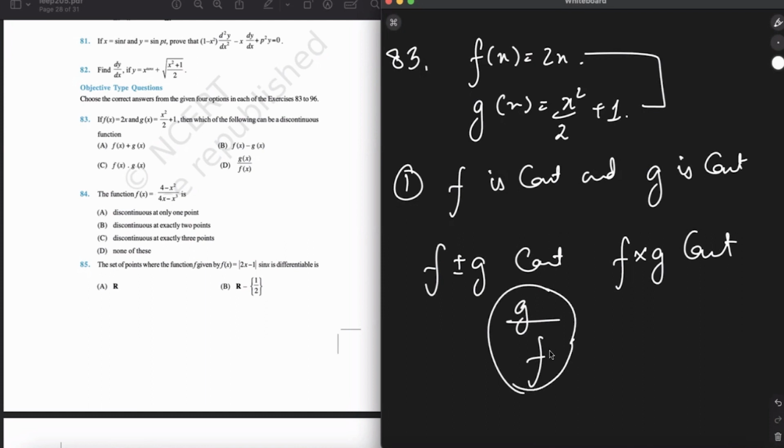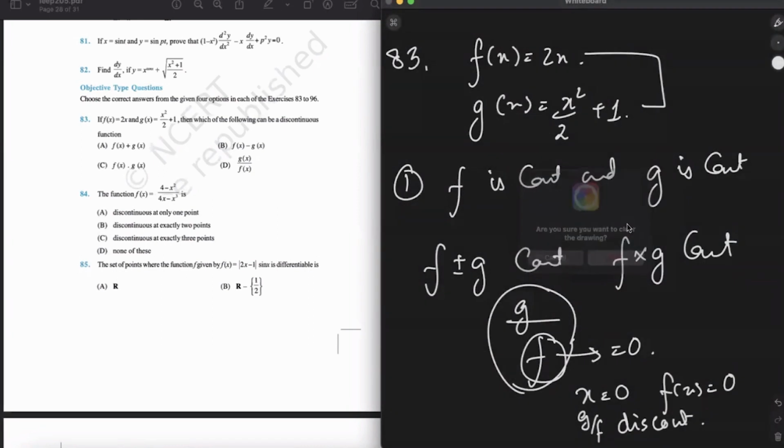Why will it not be continuous? It will not be continuous when f will be equal to 0. Like x is equal to 0, f(x) is equal to 0. Then g upon f will be discontinuous because it is not 0 by 0 form also. g(x) is 1 and f(x) is 0. So discontinuity is at x equal to 0. Got this? Now moving on to the next question.